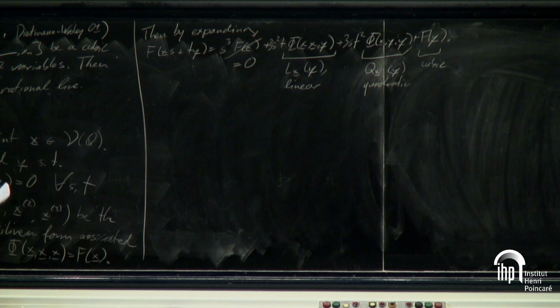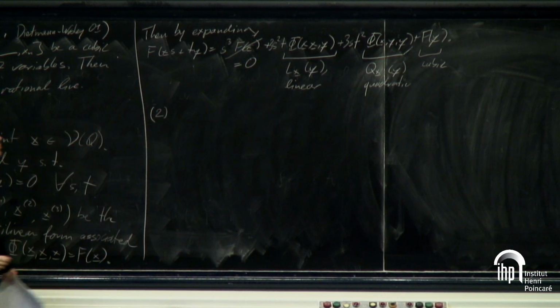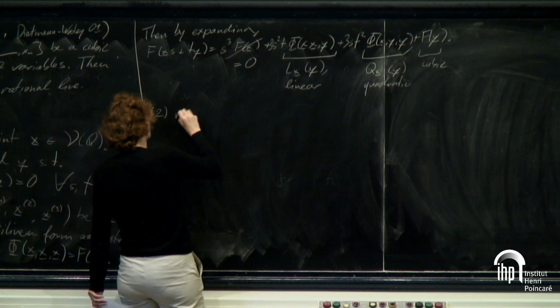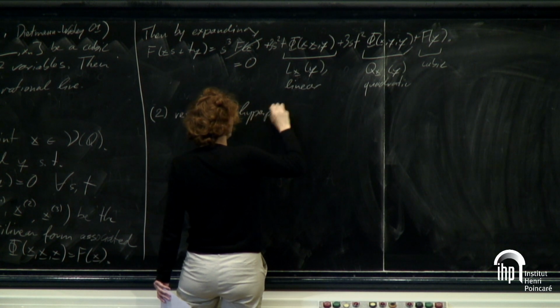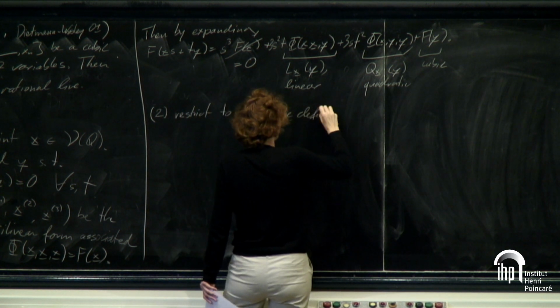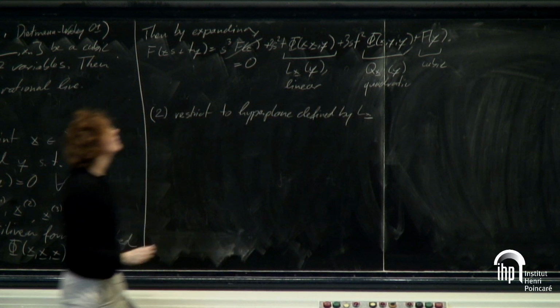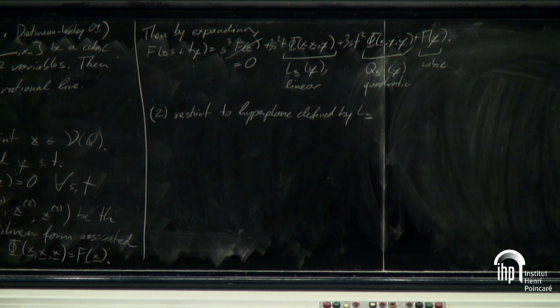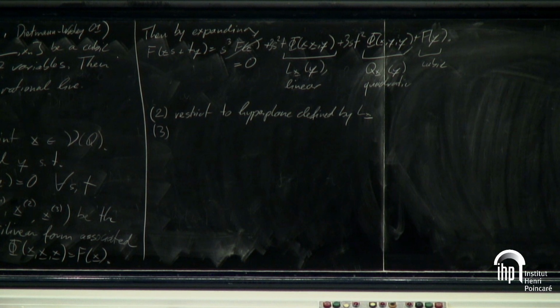So the second step is then we restrict to the hyperplane defined by the linear form. It's going to cost one variable, but that's okay. And the third step is we find a large linear space on the quadratic.